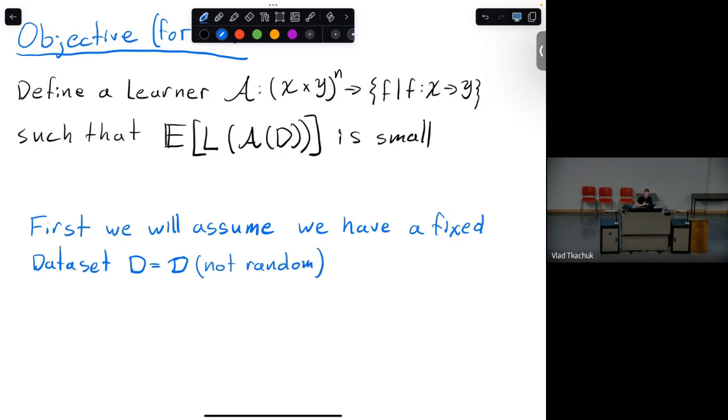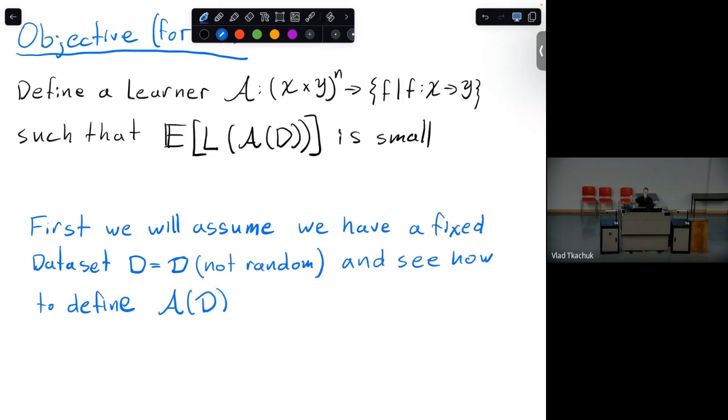The reason to do this is that then we'll see how to define this learner for this non-random thing. So now we'll just have this tuple of feature label pairs, which outputs F hat, such that this expected loss of the thing it outputs is small.